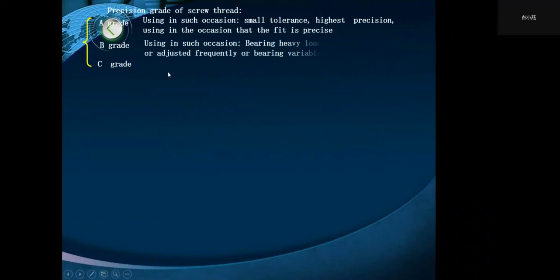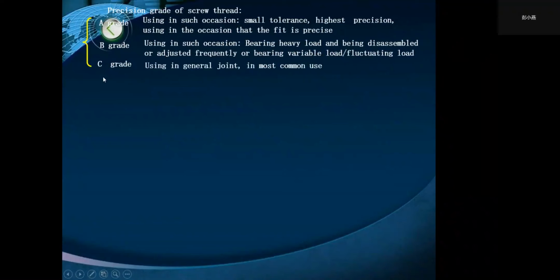B grade screw thread can be used in occasions bearing heavy load and being disassembled or adjusted frequently, or bearing variable load. C grade screw thread is used in general joints, in most common use.